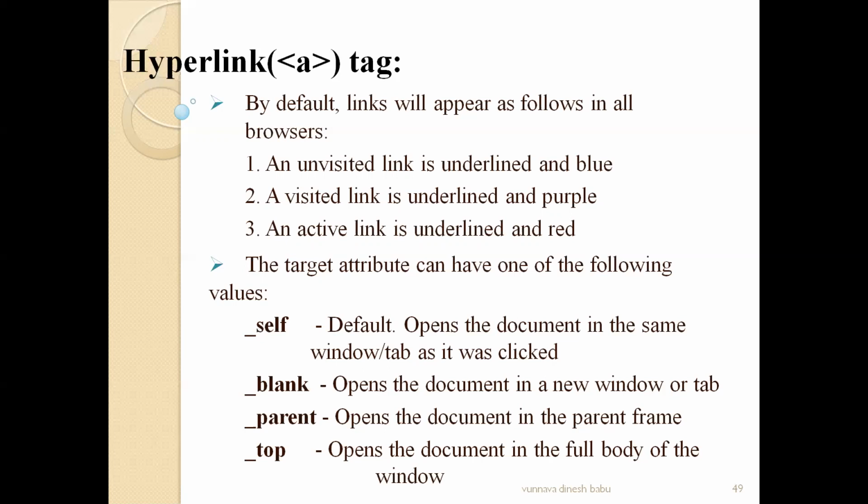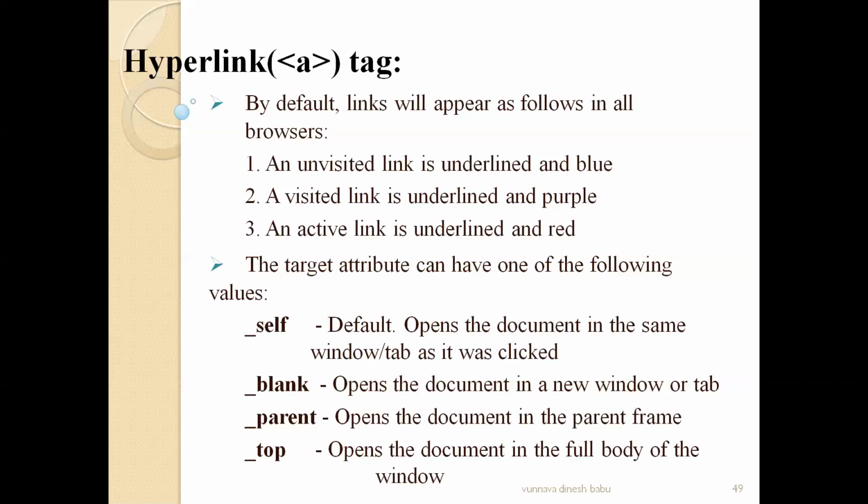If we create a link on a web page, that link will be underlined and in blue color. Initially the link will be underlined and blue. It means it is a link which was never visited. So an unvisited link will be underlined and blue.